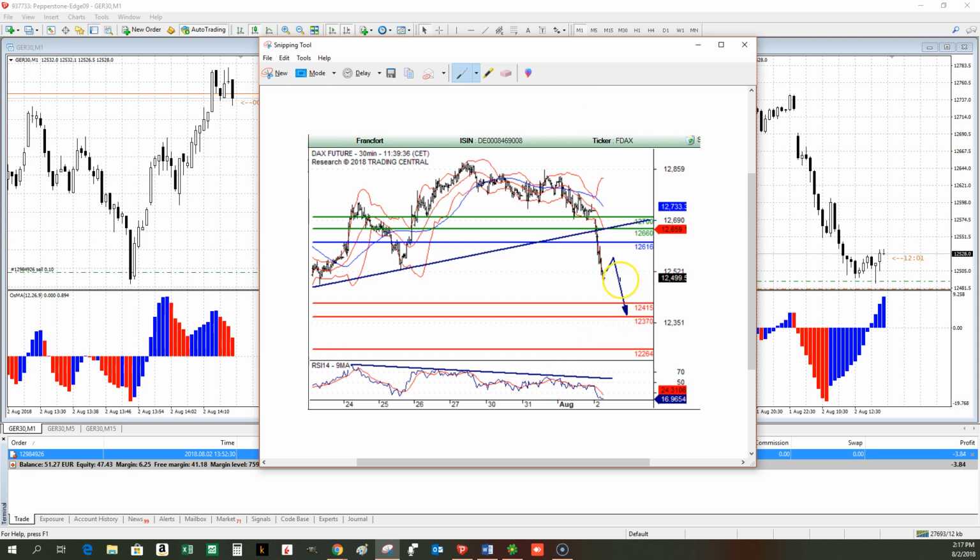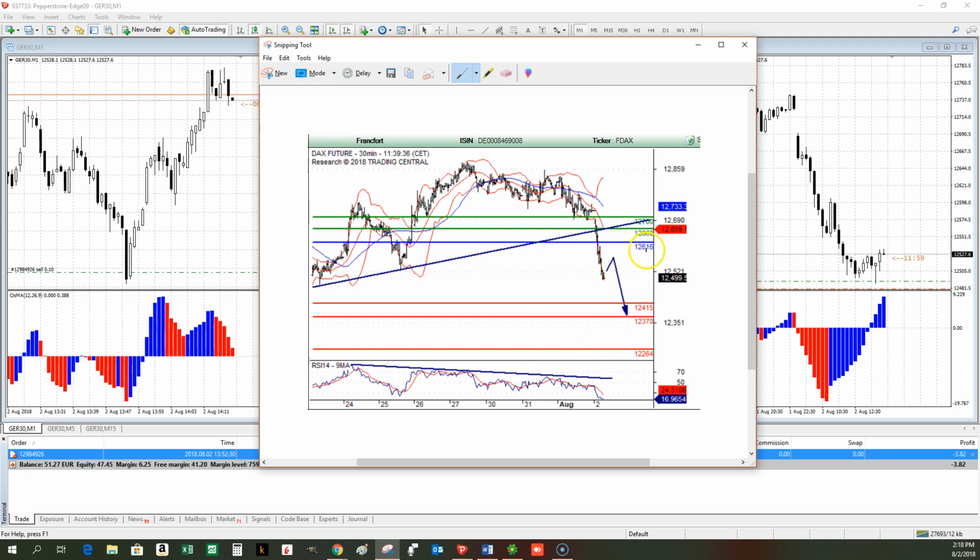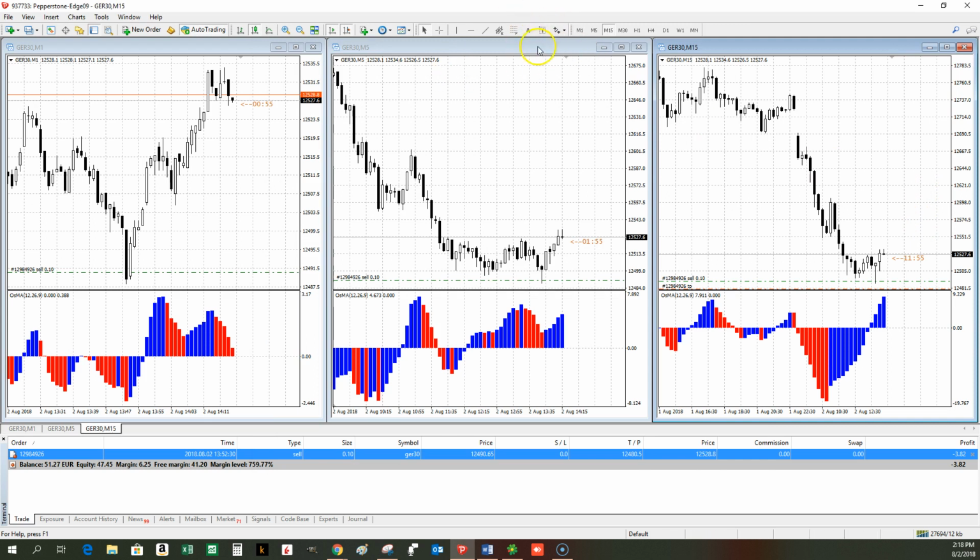You see, we have a resistance at 12,616. It's here. This is the resistance, so probably the asset can move up to this resistance. It's the pivot line actually.